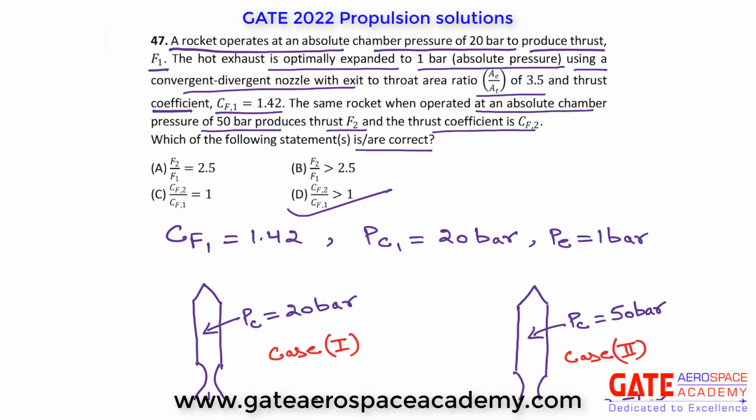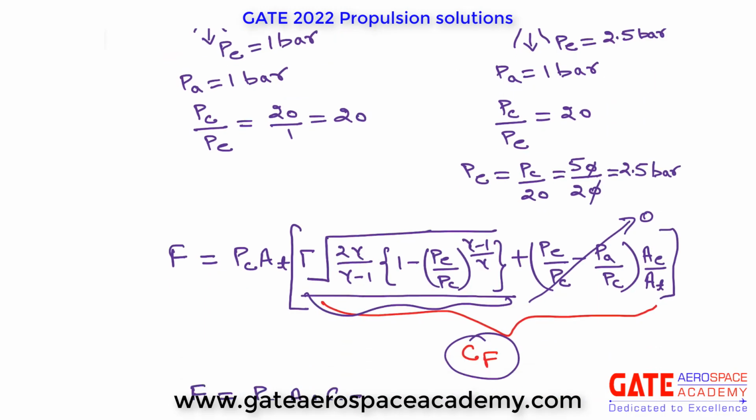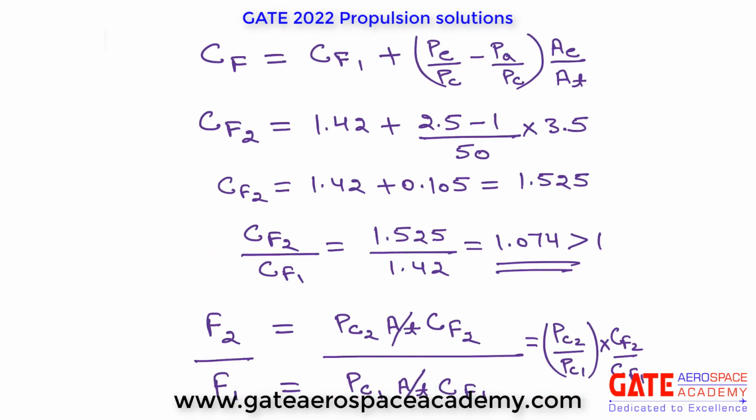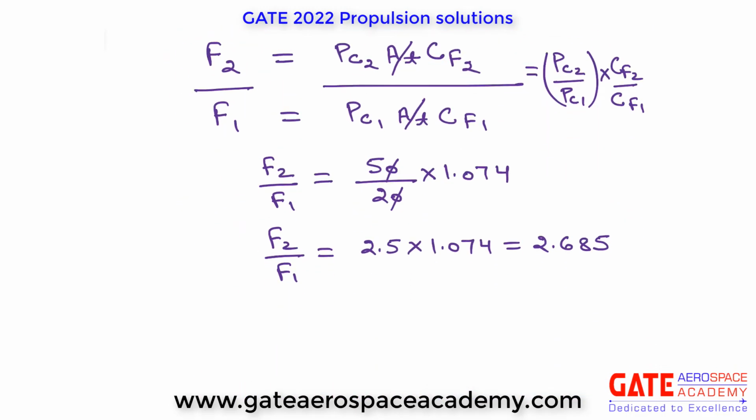So here in option B it is greater than 2.5. So both B and D are correct options.